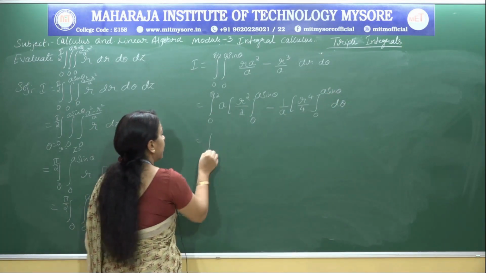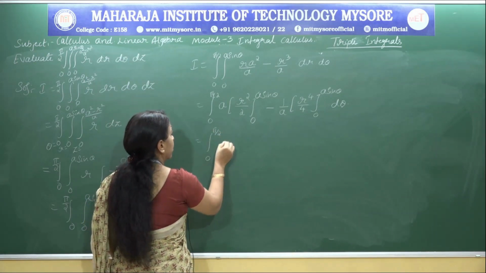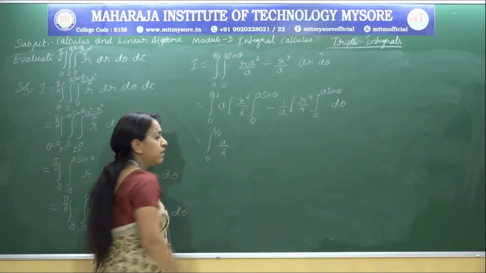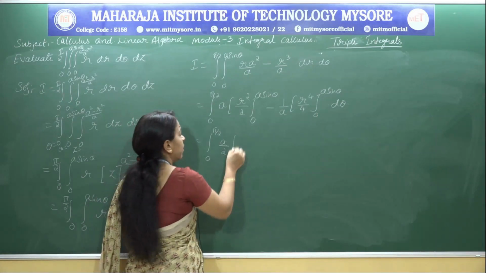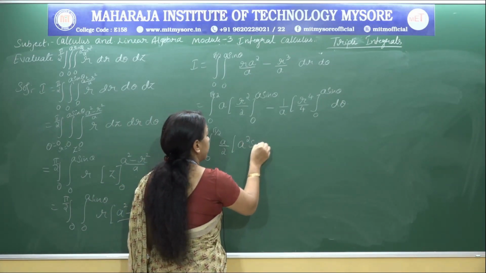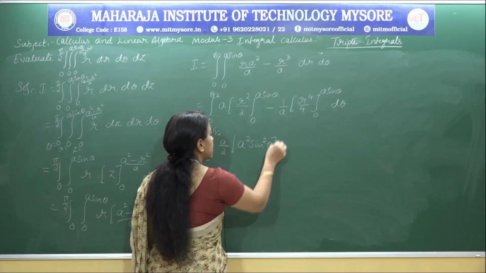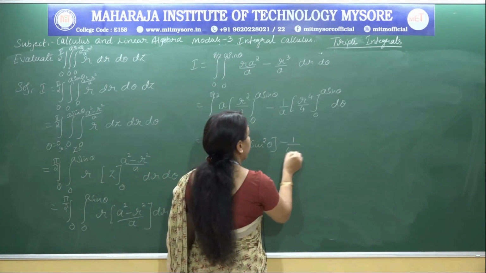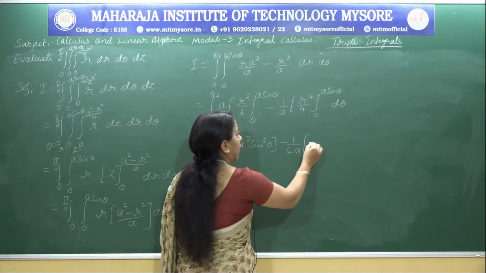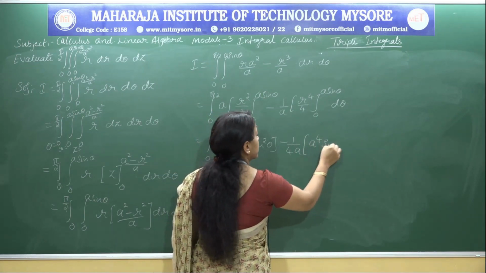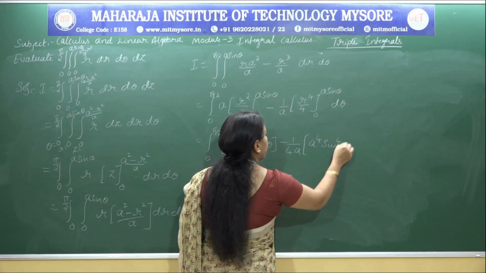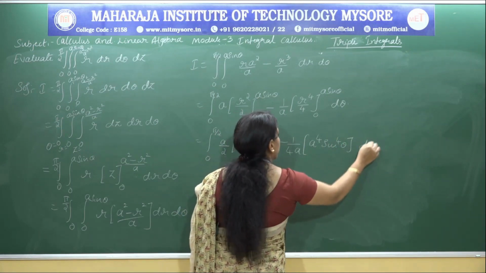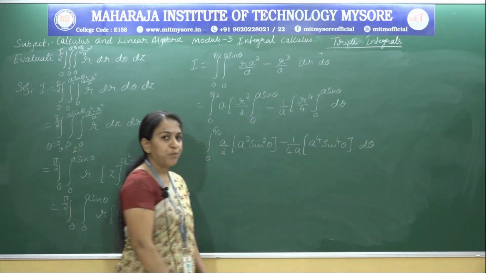So we remain with integral 0 to pi by 2, a by 2 constant, apply the limit, a square sin square theta minus the lower limit 0, minus 1 by 4a into a to the power of 4 into sin to the power of 4 theta, and of course the lower limit is 0.